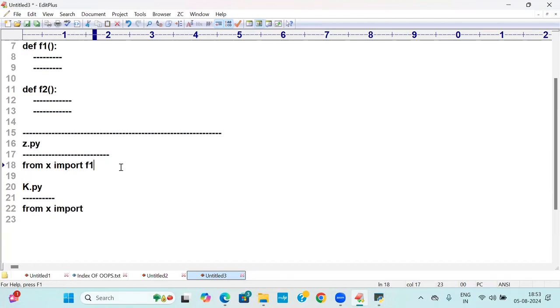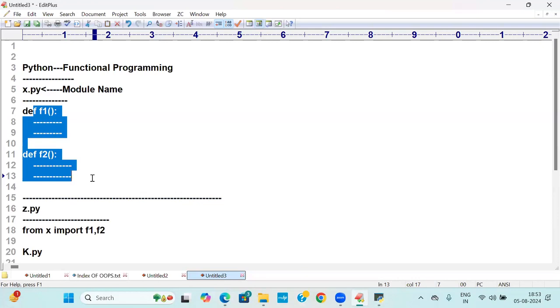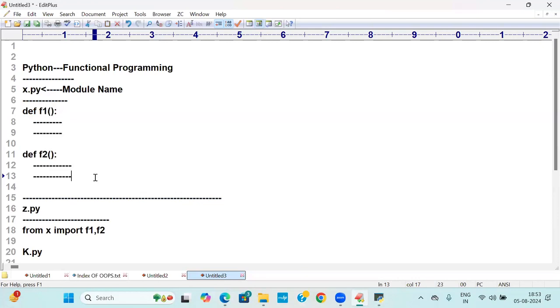Similarly, in k.py, what am I doing? From X, import F1 and F2. This one also is going to take memory space. So the functional programming drawback is what? I defined the function one time, and people are reusing it through modules in many places. What is the advantage? We need not write the code again and again.